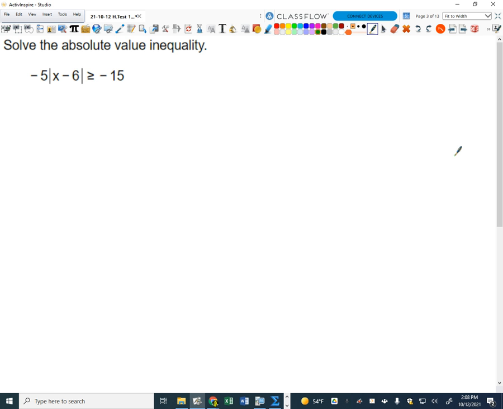Okay, so what about one like this? This was another one that was a very commonly missed one. Okay. So what do I do here to solve an absolute value inequality? Isolate. First step is always isolate the absolute value, right? So let's go through all these steps.